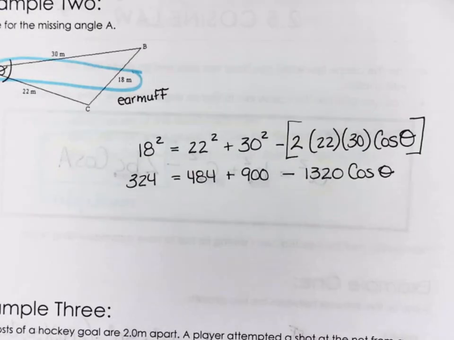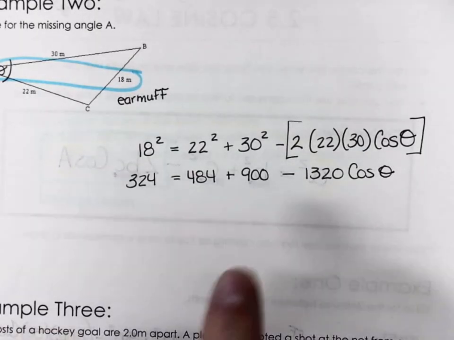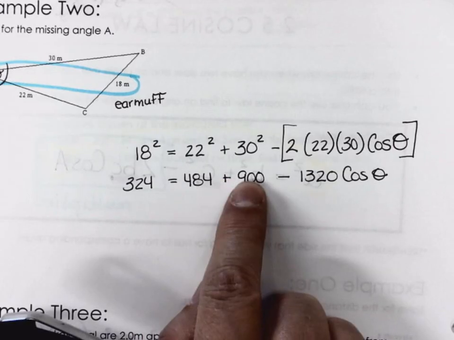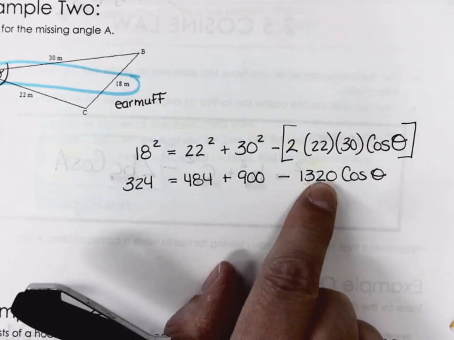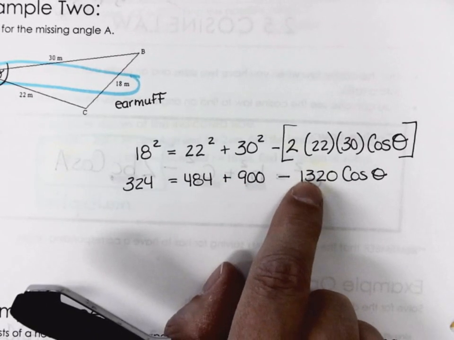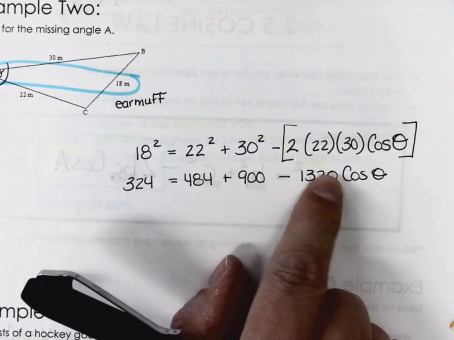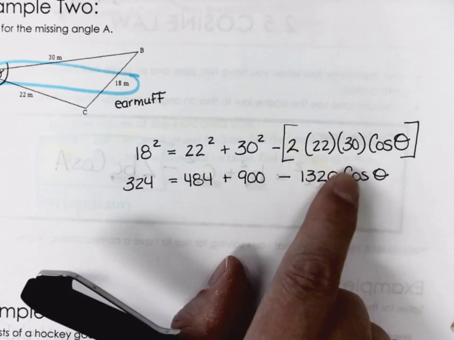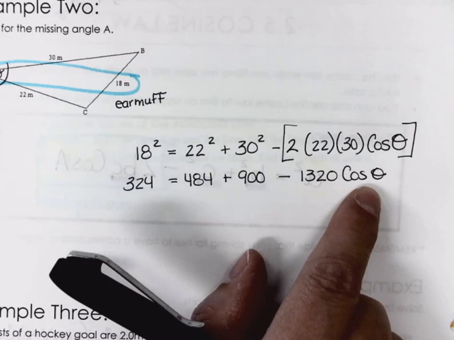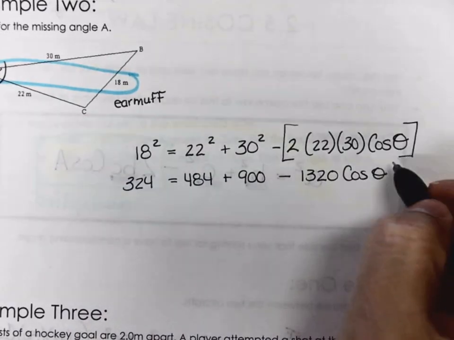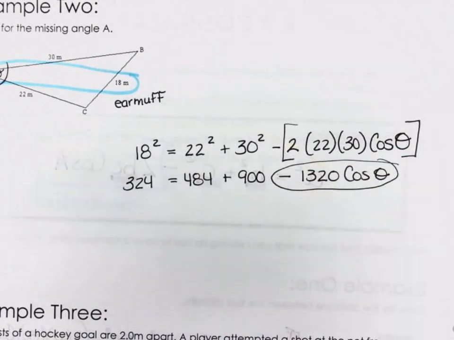Okay, so this is where people make mistakes. When they add these two things together, then they go ahead and subtract that. But what operation is happening between? It's multiplication there. So that's a coefficient on the cos of theta, because that we don't know. So this is locked together.